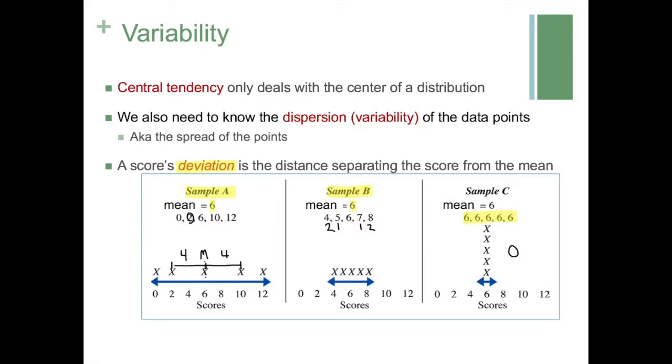So this is one way of characterizing different distributions, where this first one has relatively high deviation amongst the scores, this one being medium or a moderate form of deviation amongst these individual scores, and this one has no deviation amongst the scores.